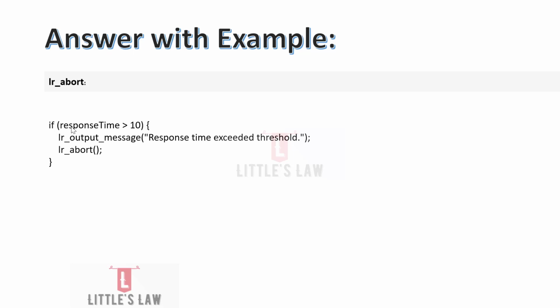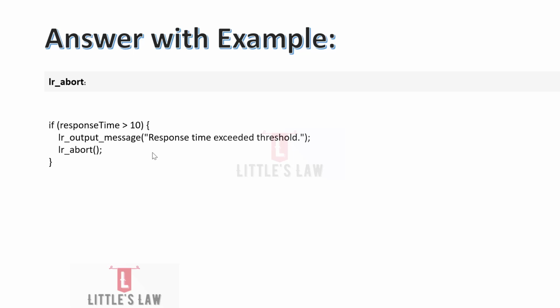In case the response time has increased to more than 10 seconds, the LR output message should be: the response time exceeded the threshold, or you can write it as the response time has exceeded the SLA, and immediately you can halt all the virtual users with an LR abort.